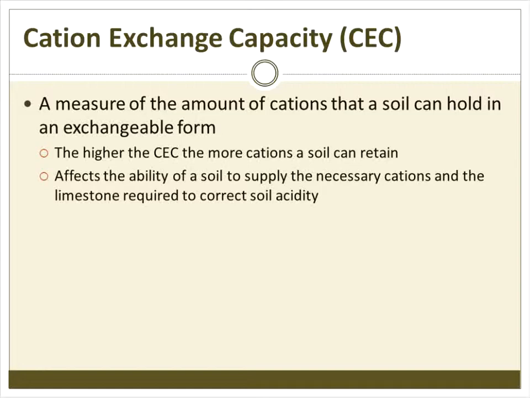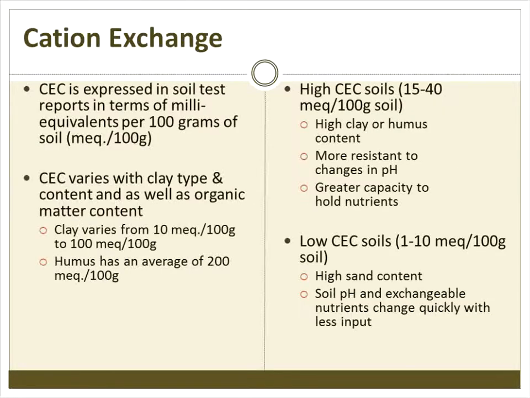So when we think about cations that are held on those negatively charged sites, the more negatively charged sites we have, the more cations that we can hold. And those can be released over time back out to the plants that need the nutrients. It could also be a liming issue, the ability to resist changes in pH. So we will get into those things later when we get into soil pH.